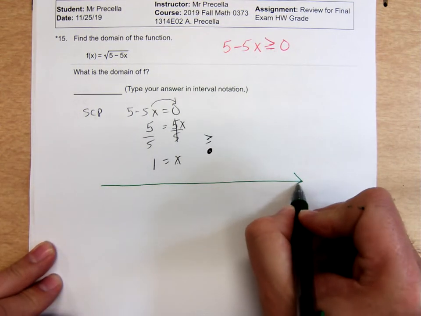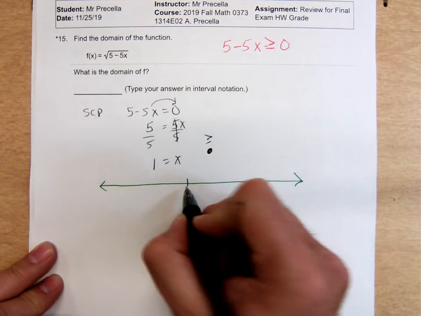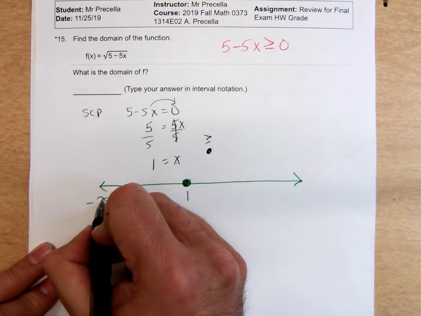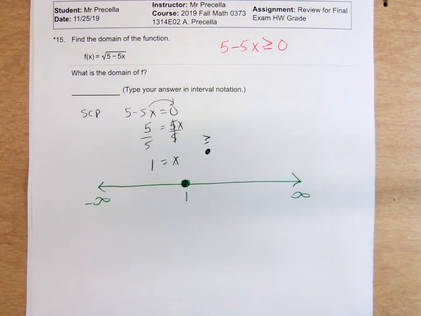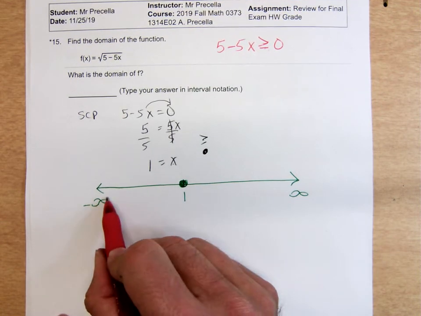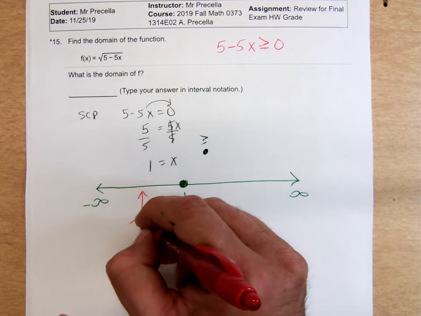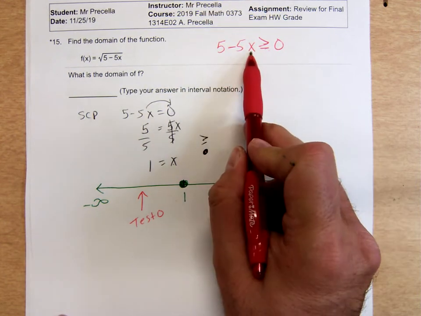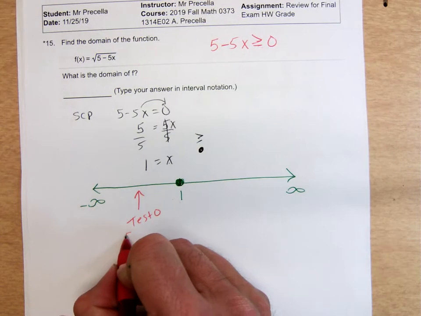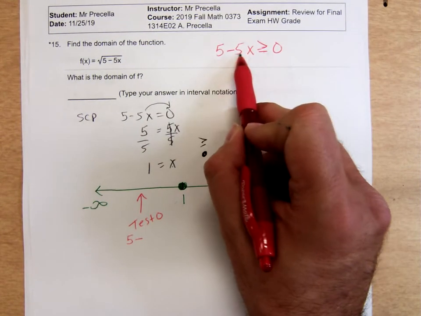I draw a number line. Locate the number 1 with a closed circle. And test a number. Which number am I going to test? Well, 0. 0 would be over here between negative infinity and 1. So I'm testing 0. If I plug a 0 in for x in this statement right here, 5 minus 5 times 0 is 0.